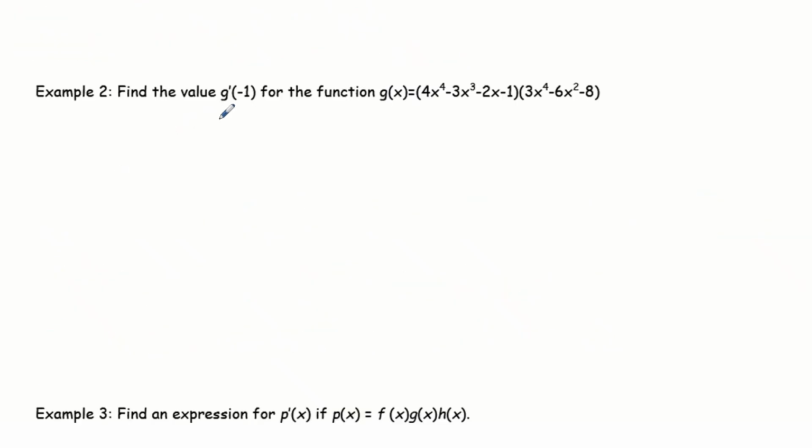So example 2, find the value of g prime at -1. In order to find the derivative of function g at x equals -1, we want to find g prime at x, for any x value. Once we have this g prime of x, we could substitute x equals -1 to find g prime at -1.